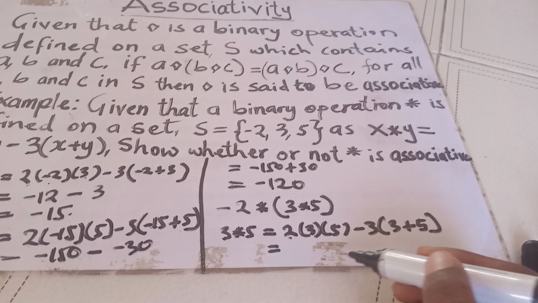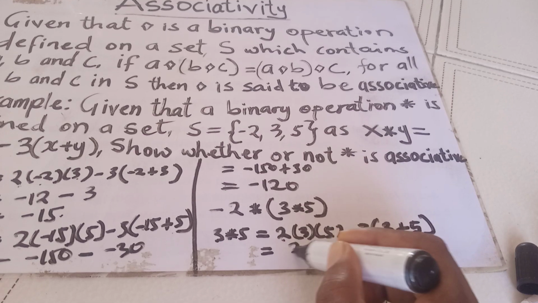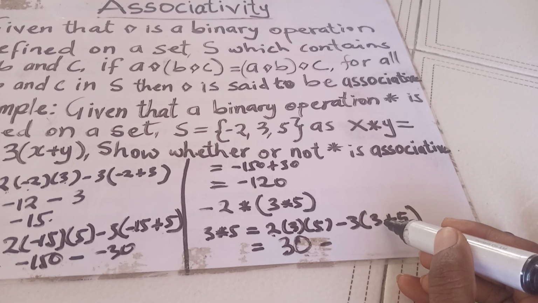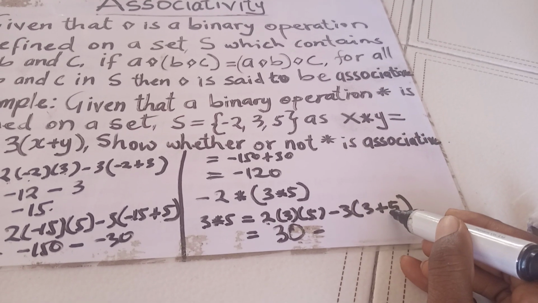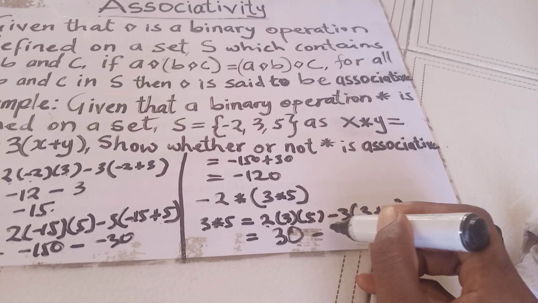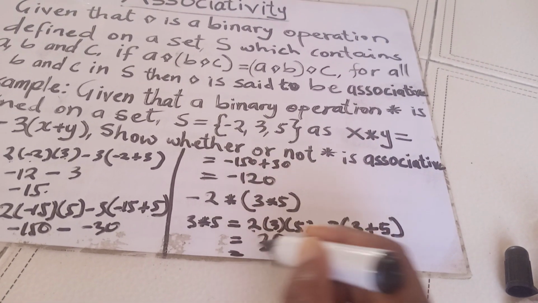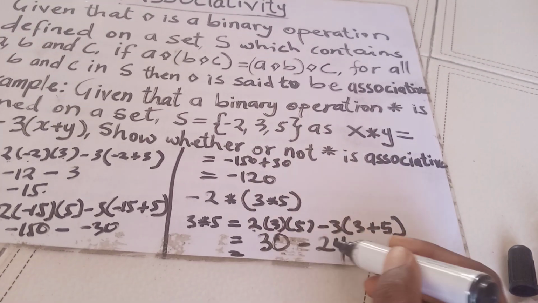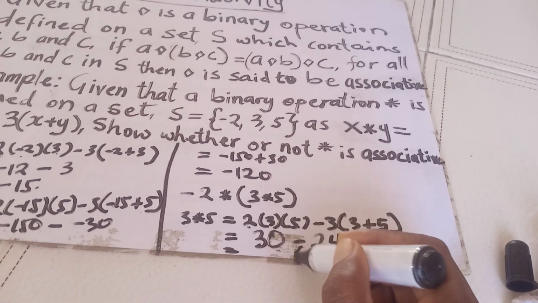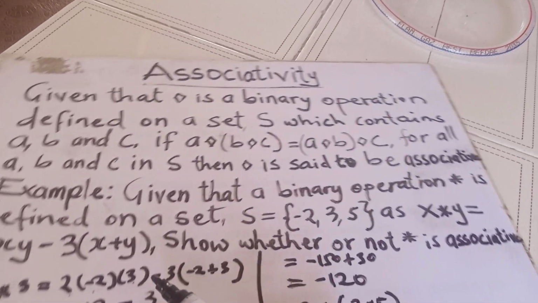2 multiplied by 3 gives 6, multiplied by 5 gives 30, minus 3 plus 5, which is 8, multiplied by 3 gives 24. So 30 minus 24 gives 6.